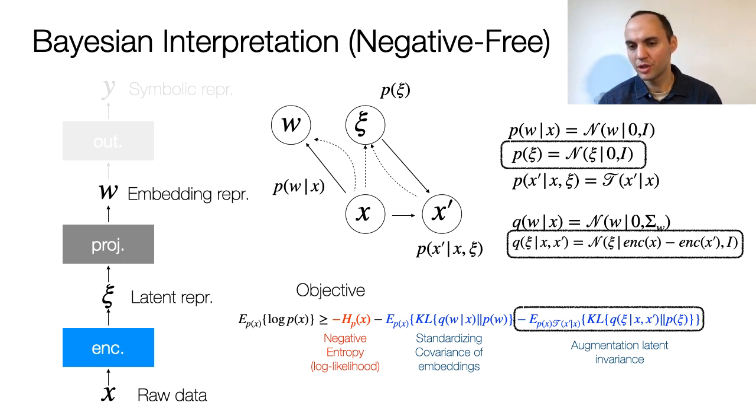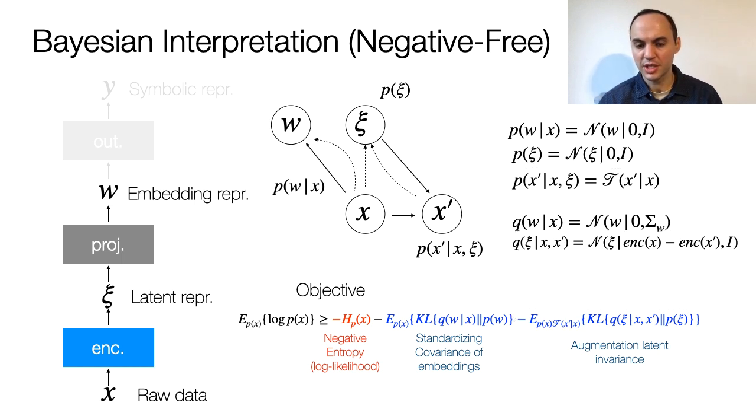So what this term is doing is enforcing that the mean value of the latent representation, so the difference between the output of the encoder for the image and its augmented version, tends to be the same. So that term enforces that the latent representation is invariant to certain augmentations.